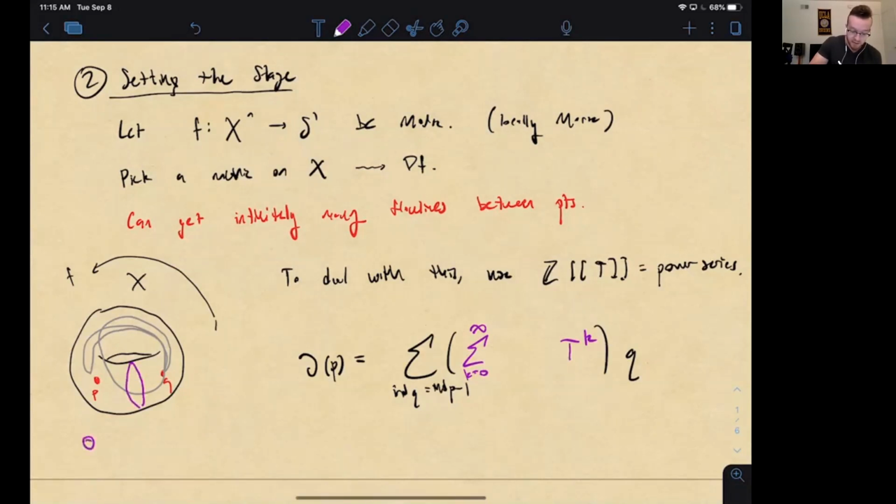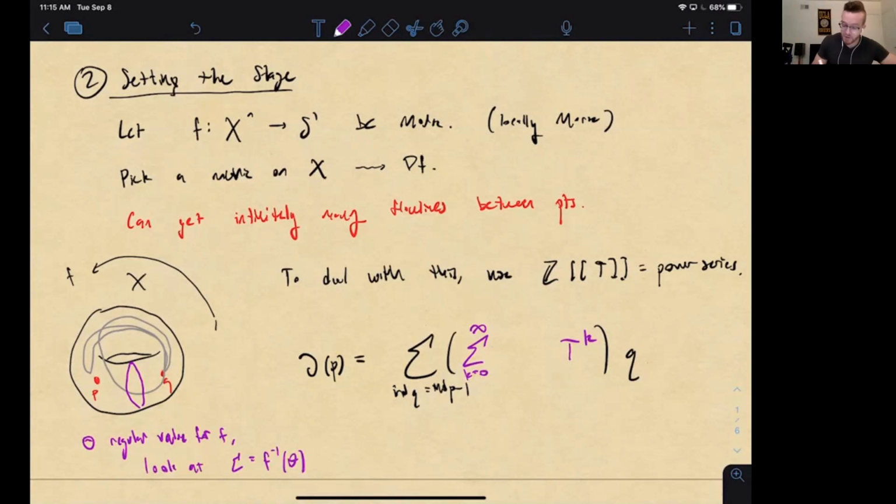So if theta is a regular value for f, I'll call it sigma for now, the pre-image of that regular value. And for a given flow line, we can count how many times it intersects that submanifold.